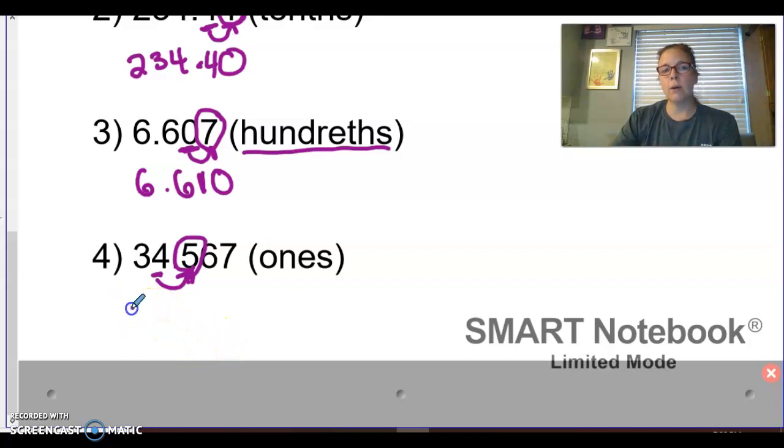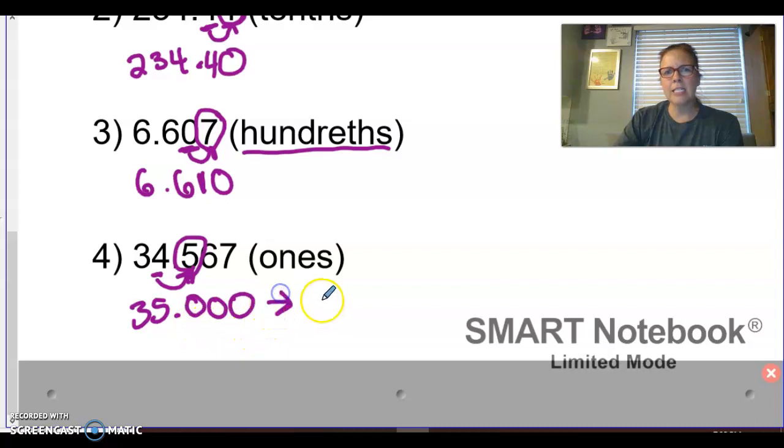Yes. So the 4, what we've underlined, will become bigger. 35 point, and then these all become 0. So what is 35 and 0, 0, 0? That's the same as just 35 because this is a decimal right here.